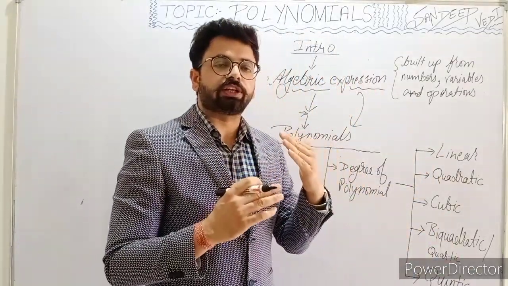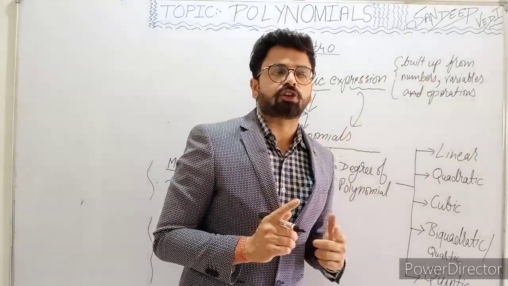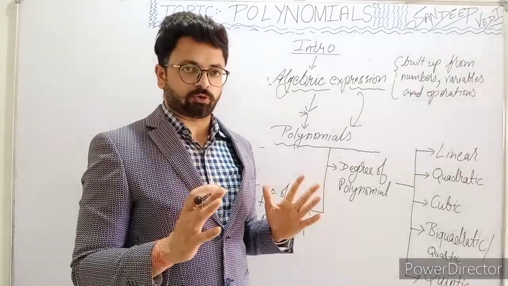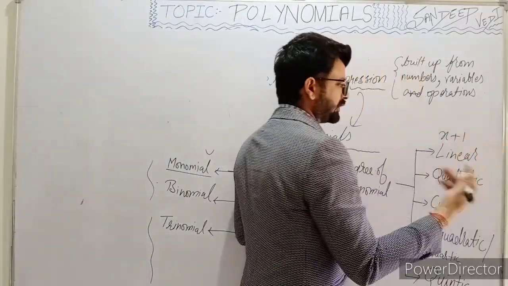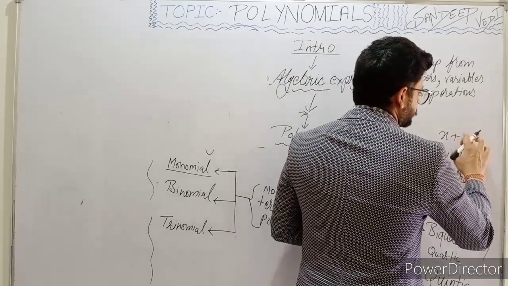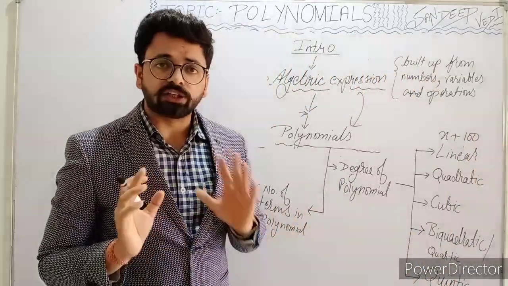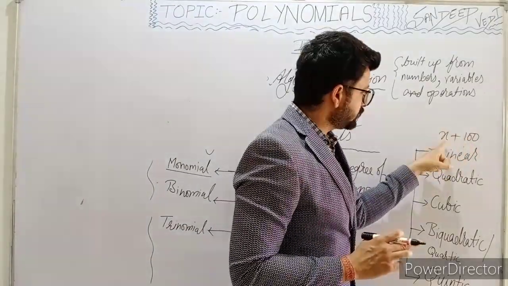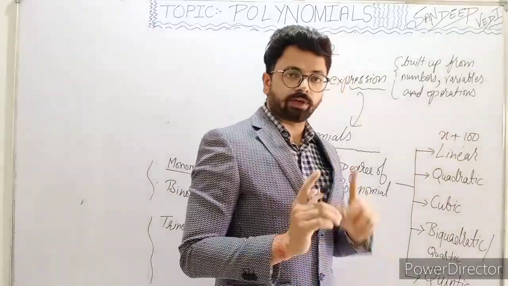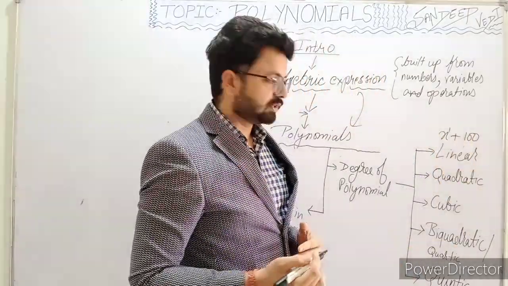If the degree of a polynomial is 1, then that kind of polynomial we call a linear polynomial, like x plus 1, x plus 2, x plus 3, x plus 5, x plus 100, no issue. This is a linear polynomial because the degree of this polynomial is 1. Here you see the maximum power of the variable is 1 only, not written, it means we can write 1.